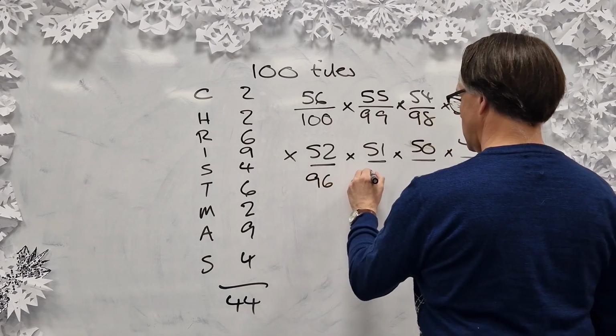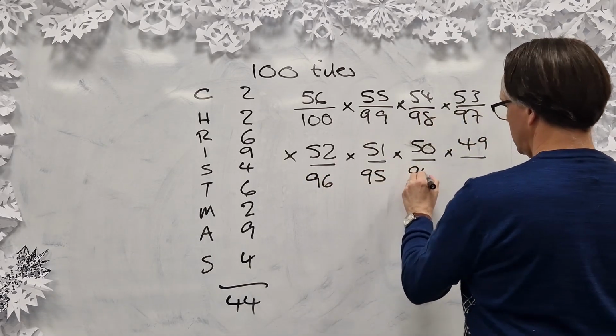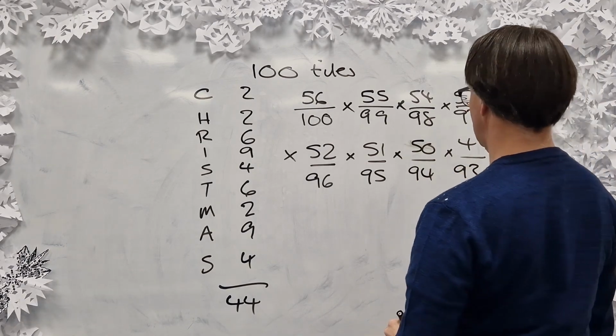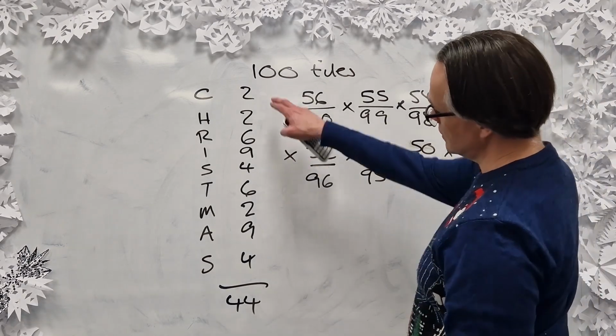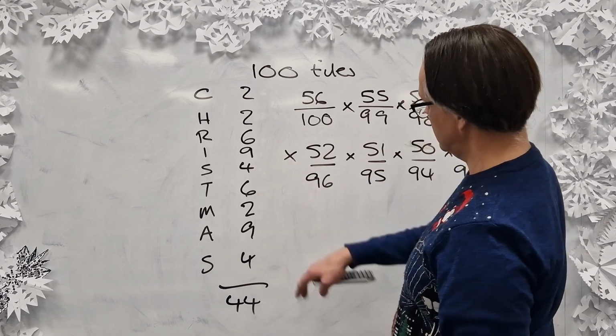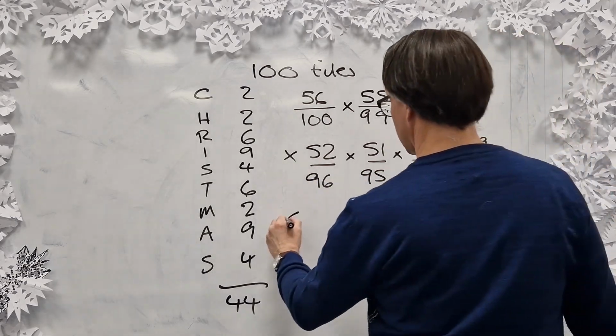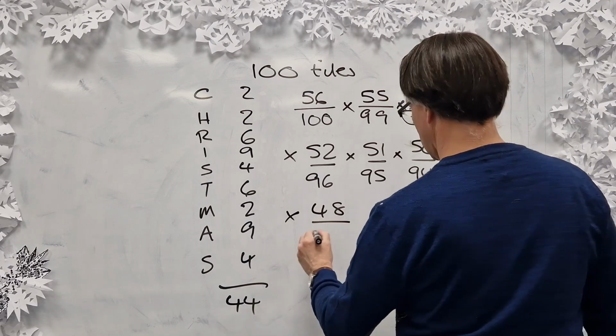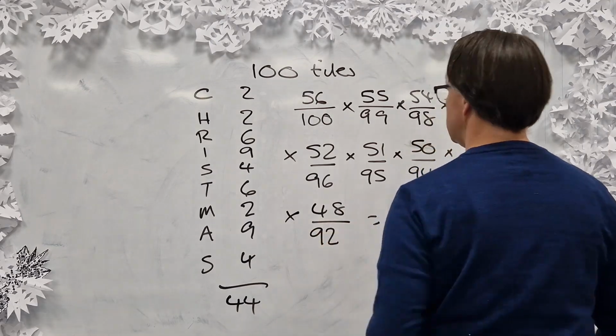96, 95, 94, 90. Need another one. There's 9 letters in Christmas. Times 48 over 92.